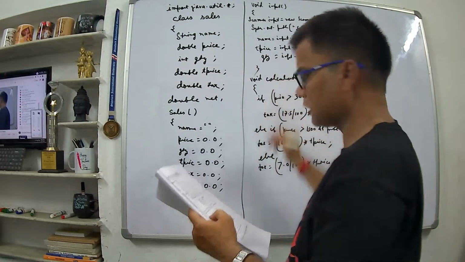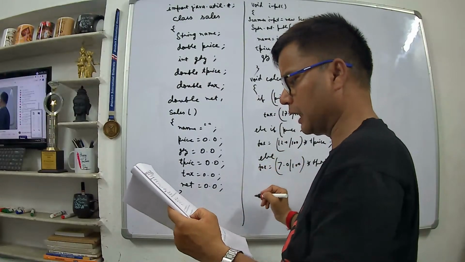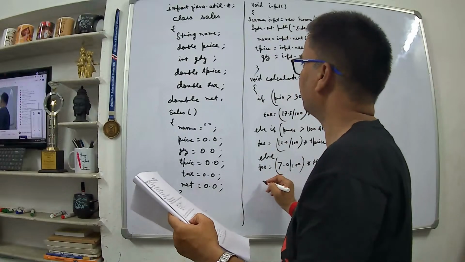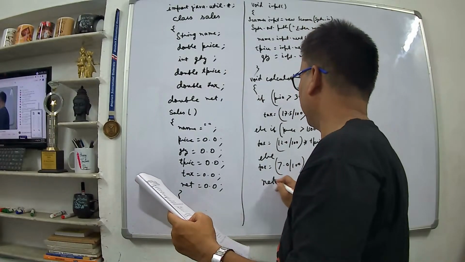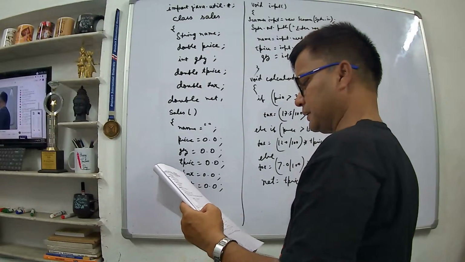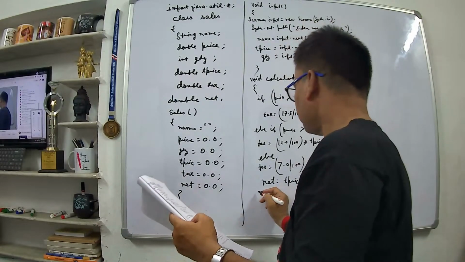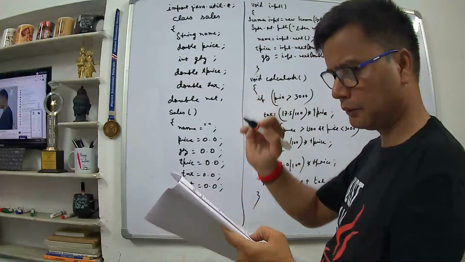So this is the void calculate, and the net amount is to be calculated. The net amount variable is net. Net is equal to tprice plus tax. This is done. This is the void calculate.